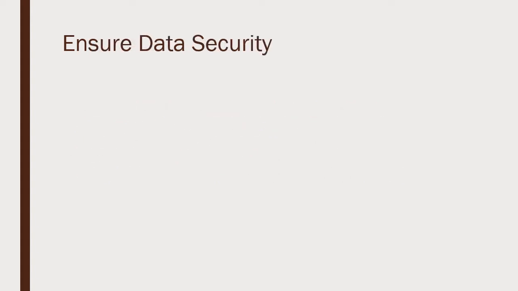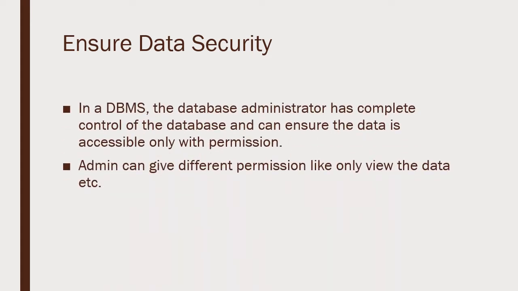Ensure data security. That is most important. In a database, the database administrator has complete control of the database and can ensure the data is accessible only with permission. Means only an authentic person can access your data. For example, when we create our email ID, only those who have the ID and the password are able to access your account.